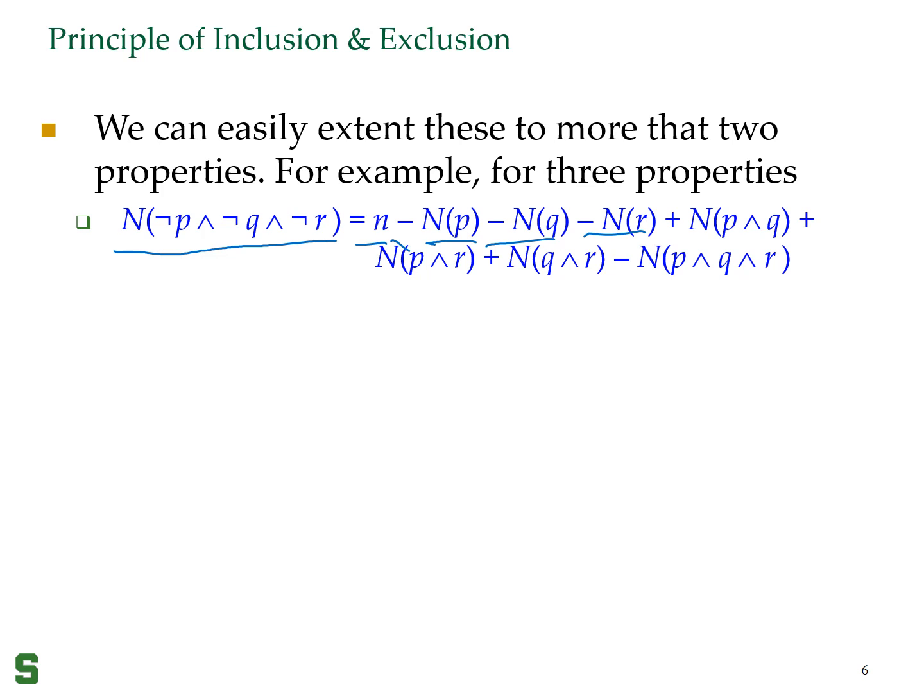In particular, objects that have the properties P and Q, I'm going to remove here as well as there. So I should add it back. That's why we have added n of P and Q, P and R, Q and R. When we do this, we are going to add some objects too many times, and we subtract that by removing objects that have properties P, Q, and R.